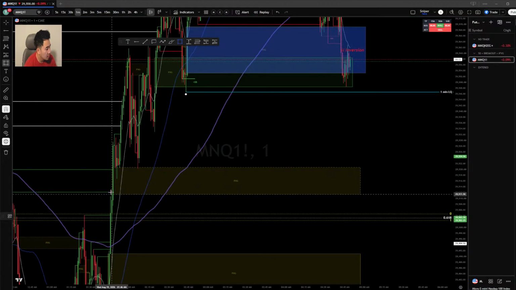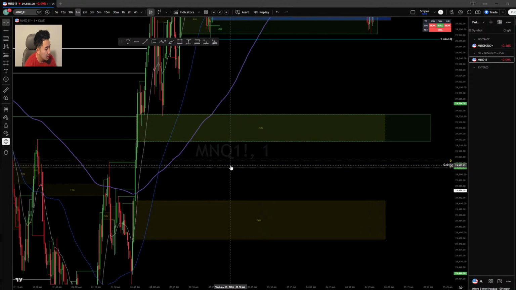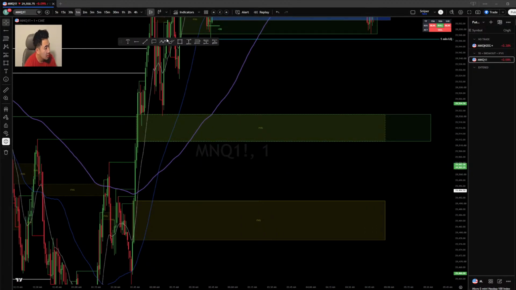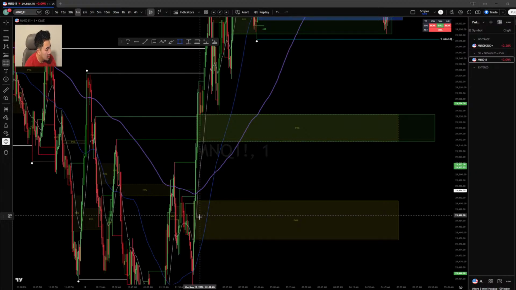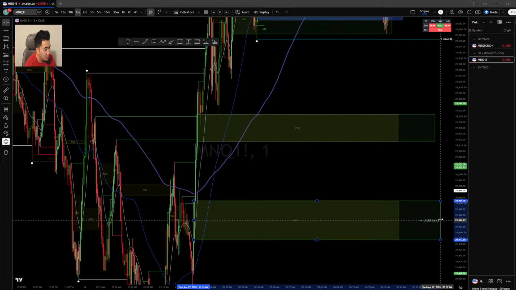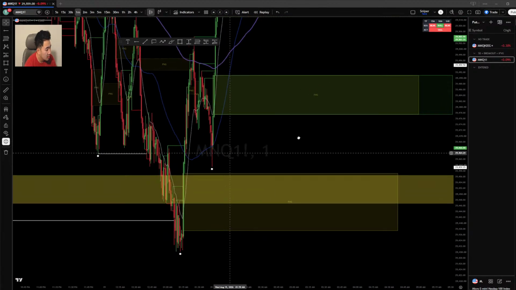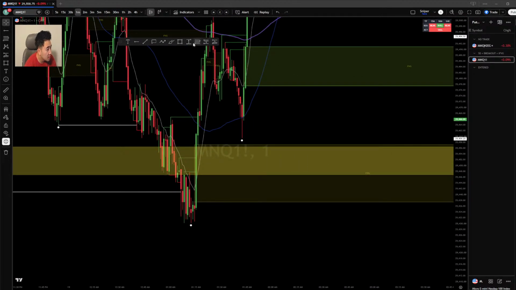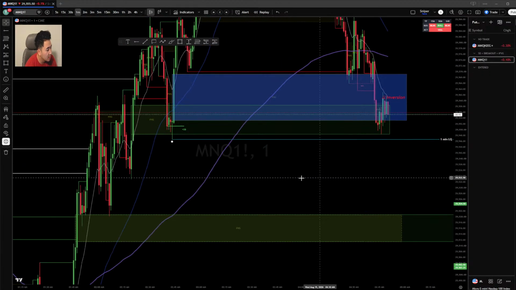Here we have a bullish FVG. Any inversions? Bullish FVG here. Another bullish FVG down here. I'm going to leave that there for now until price starts going down. We don't have to mark them all out.